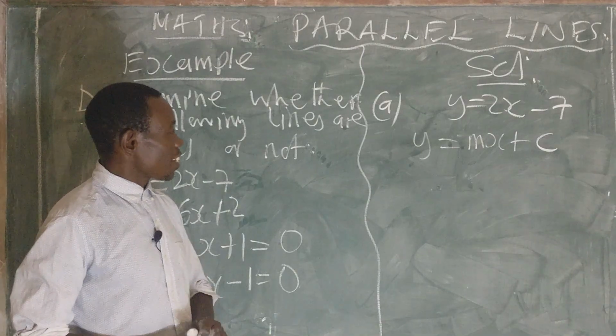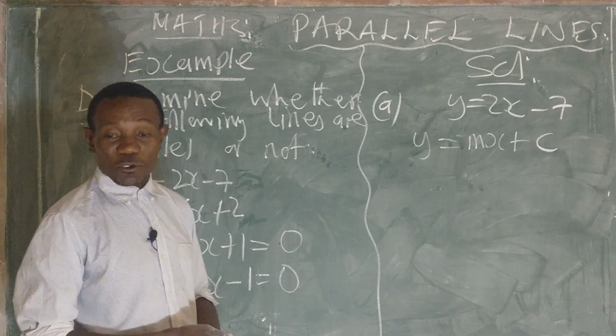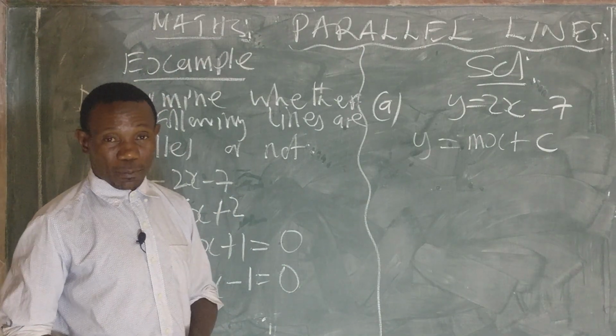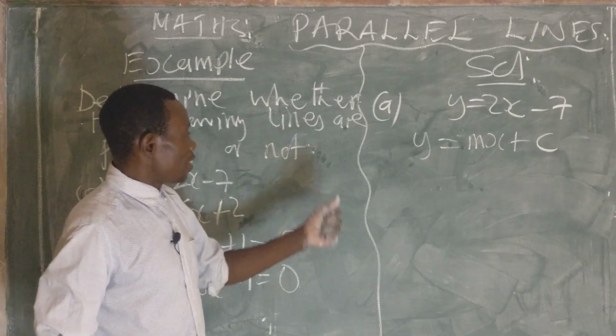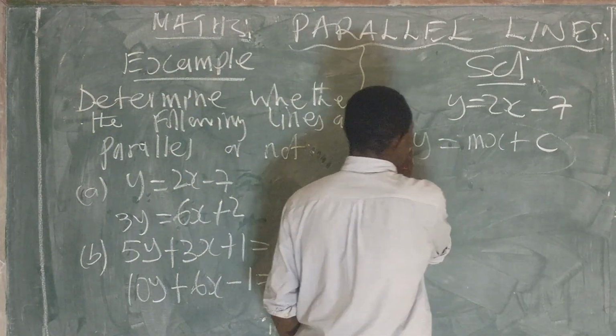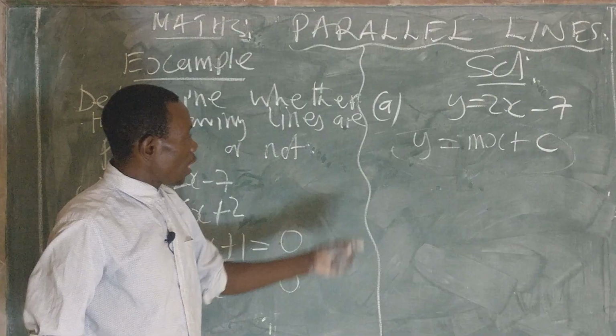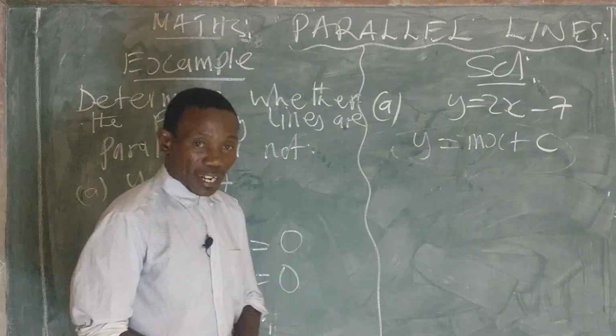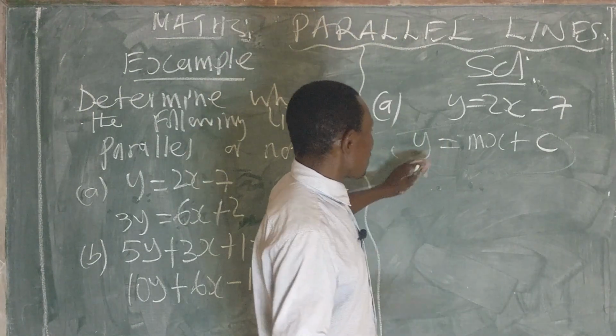Based on our discussion, the gradient is the coefficient of the x variable in that equation. So in this case, by the format y = mx + c, where m is represented as the gradient, the story here is just normal.